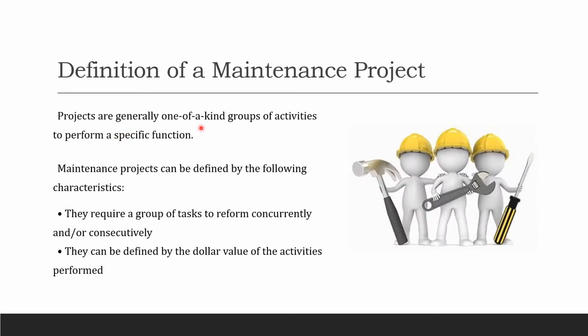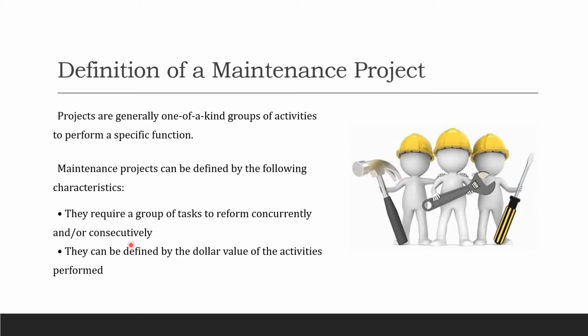So maintenance projects are nothing but activities, and these activities perform a specific function. You can define maintenance projects by the following characteristics. First, these projects require a group of tasks to perform concurrently and/or consecutively.